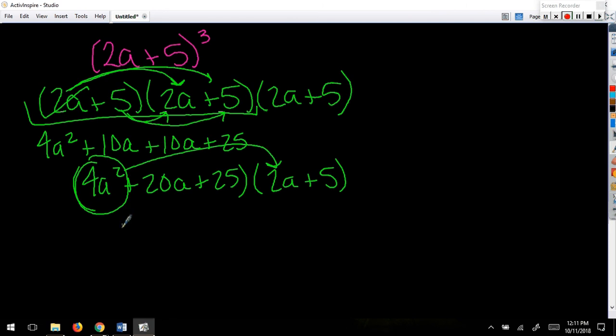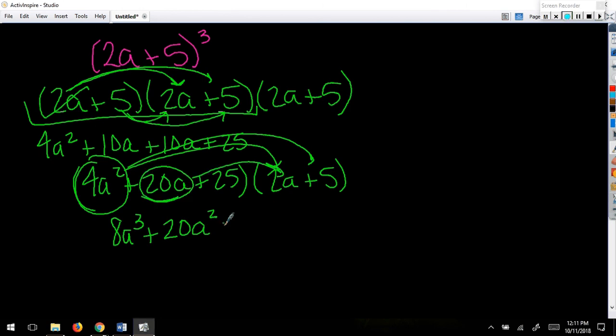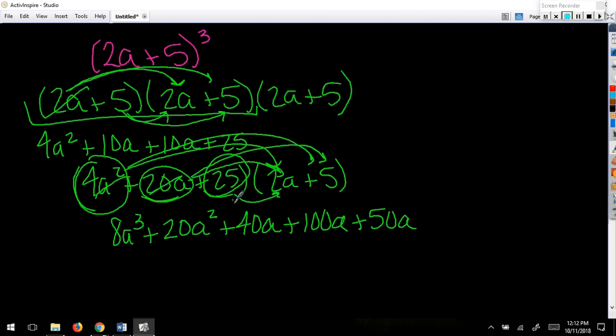Times 2a, which would give me 8a to the third. 4a squared times 5 is 20a squared. 20a times 2a would give me 40a squared. I'm sorry y'all, this 40a should have an a squared on it. And 20a times 5 would give me 100a. And then 25a times 2a would be 50a.